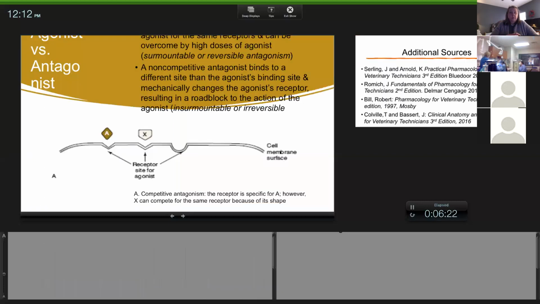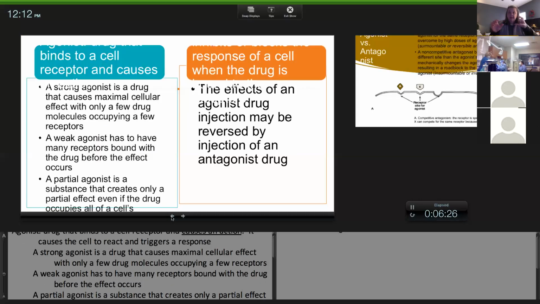And if you remember when we talked about butorphanol being an agonist-antagonist, when you give butorphanol, it goes to certain receptors and agonizes that receptor, and it binds, and it's an antagonist at certain receptors. So you have to think of it in those terms.